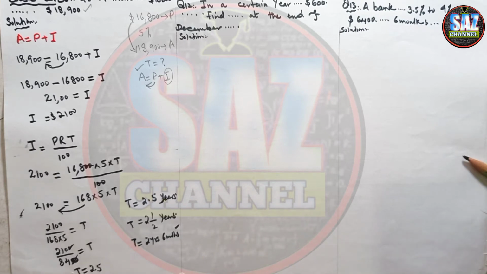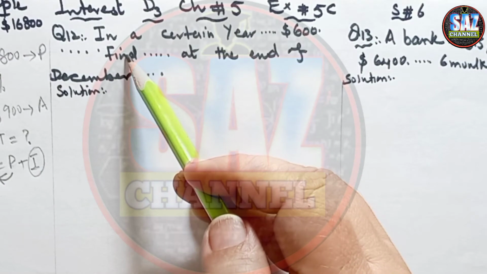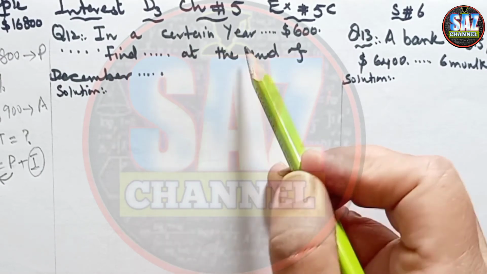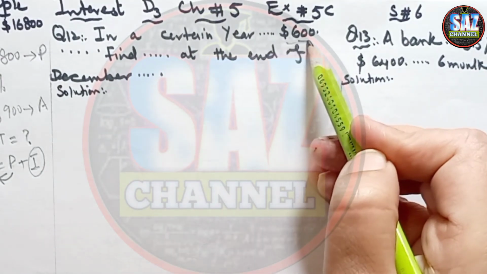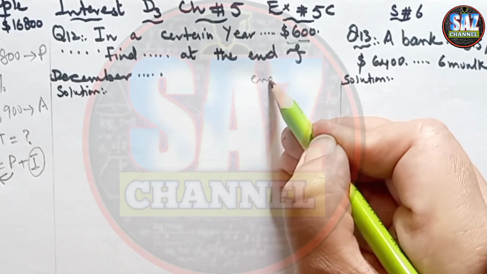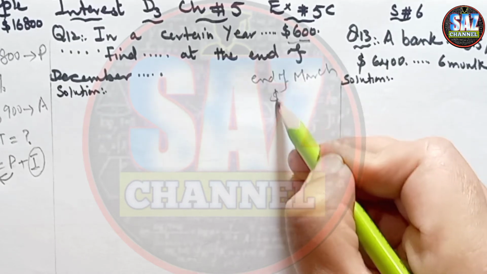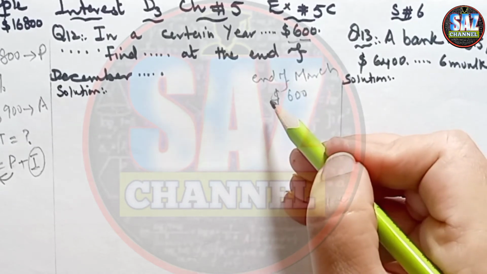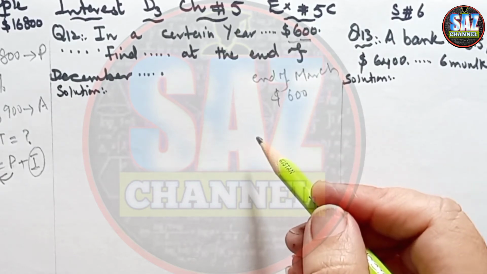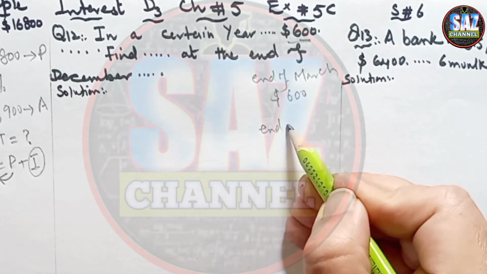Now let me move to question number 12 and let me read the question from the book. Question 12 says that in a certain year James put $600 in the bank at the end of March, and $400 in the same bank at the end of June.